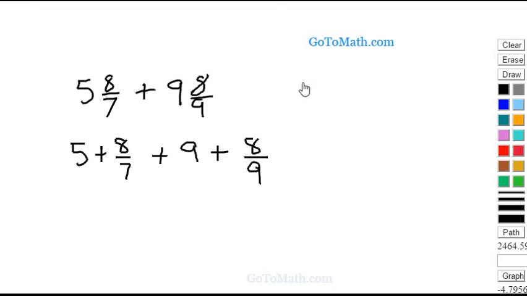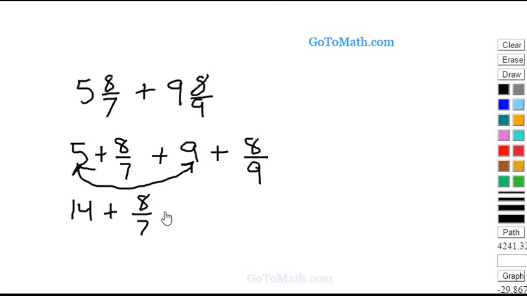Now we can add these two whole numbers together, so that ends up with 14 plus 8/7 plus 8/9. We can add these two fractions together and then add to the 14, or we could take the 14 and add it to that.